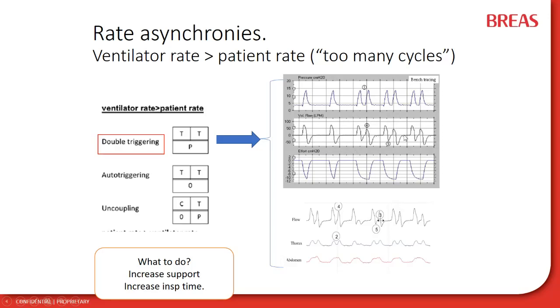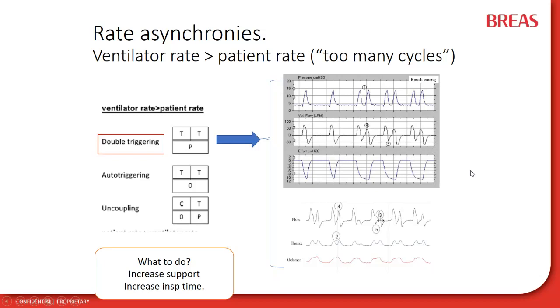If you look at the dependent variable, the flow, the first peak of the double triggering is always higher than the second peak, and the first valley between both cycles is usually less negative than the second one. This is the typical morphology of double triggering.